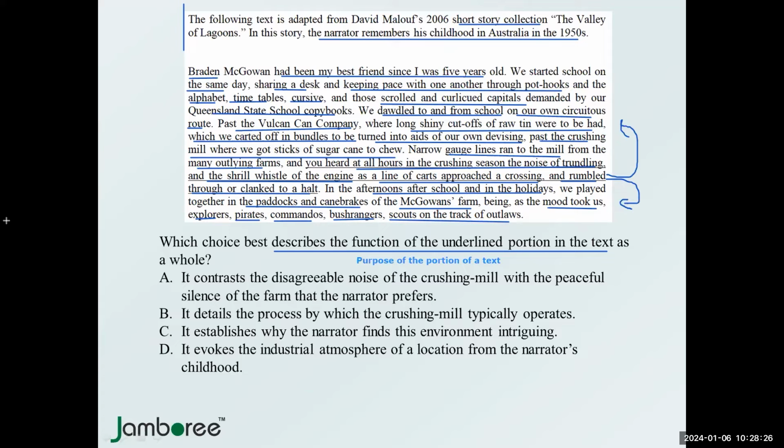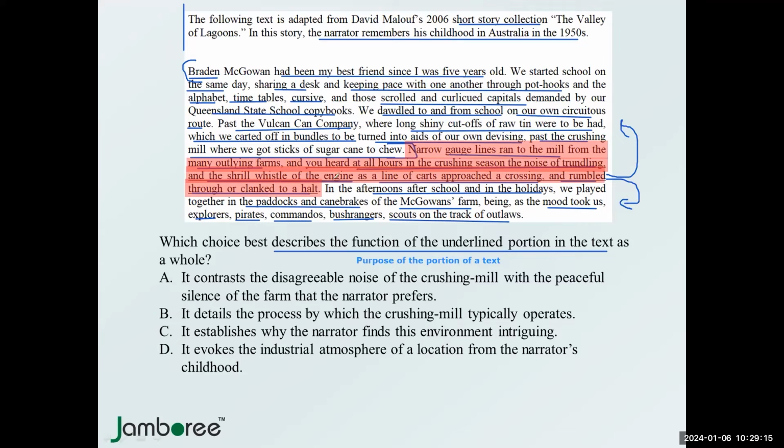Now take a pause and understand the flow of ideas. From Braden till sugarcane to chew, the author is talking about all the activities that he did with his friend Braden. And then comes our highlighted portion, which is a part of a sentence that doesn't mention Braden at all.